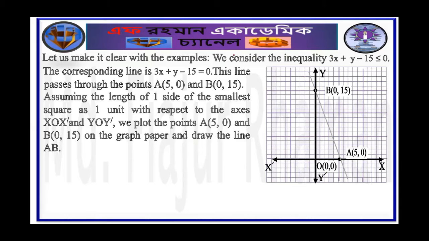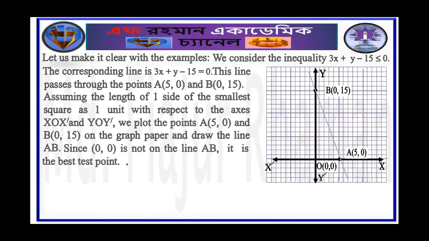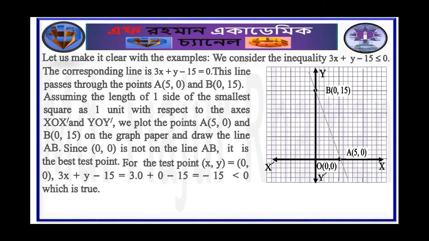Since there is a constant 15, and (0, 0) is not on this line, that's why the test point is (0, 0). By applying the point (0, 0), we can write 3x plus y minus 15 equal to 3 times 0 plus 0 minus 15, which is equal to minus 15, less than 0.